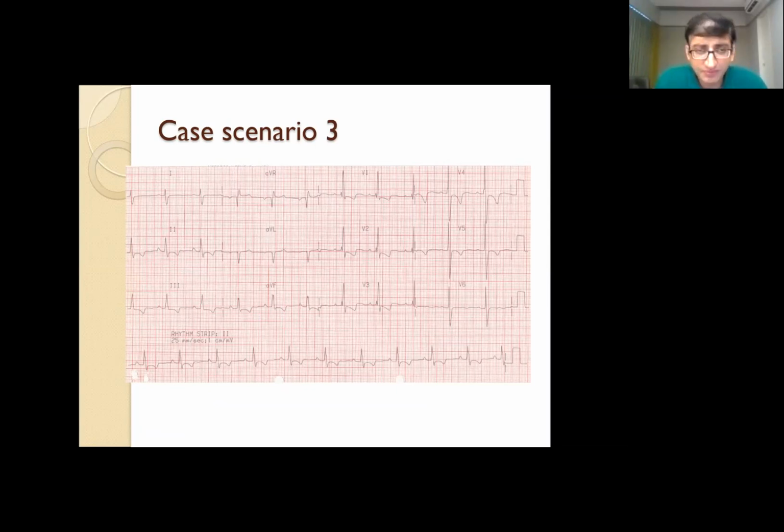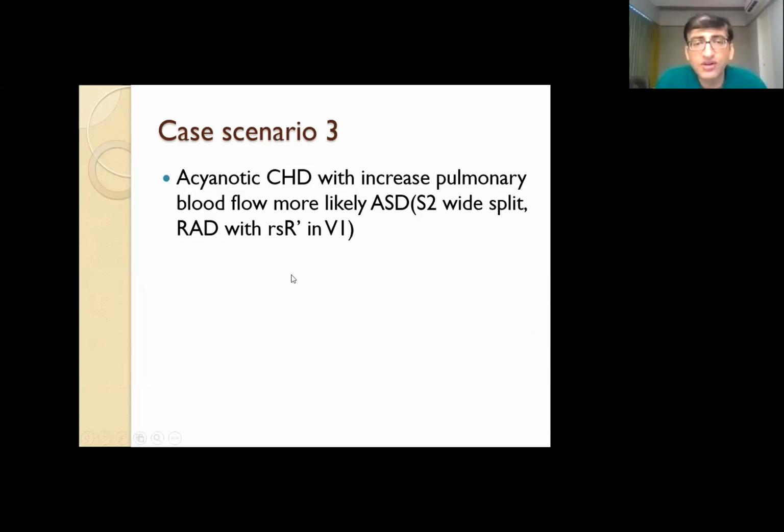So when you have VSD, you will see deep Q wave and tall R wave in lead V5, V6. And here we are seeing RS pattern with right axis deviation, which is suggestive of atrial septal defect.